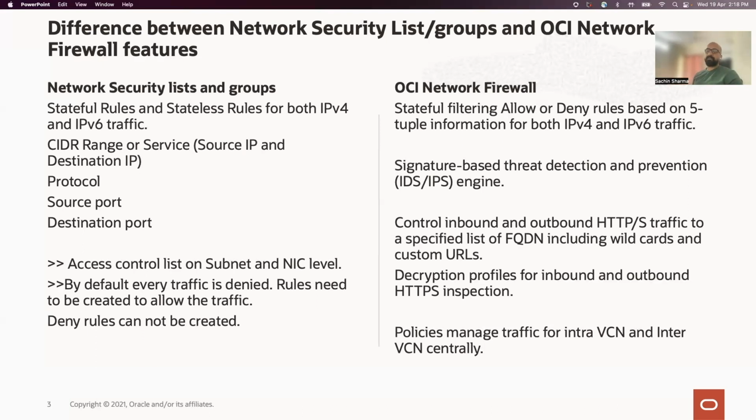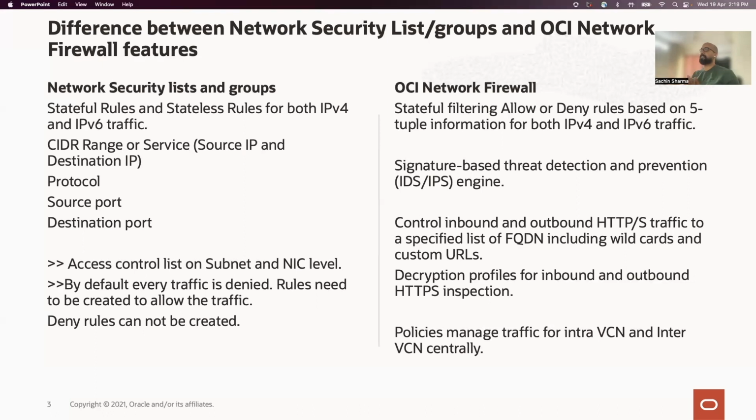Decryption profiles can be created for inbound and outbound inspection of HTTPS traffic, as an SSL forward proxy or inbound SSL inspection. These policies can be used to centrally manage all the traffic for intra-VCN, from on-premises to OCI, north-south traffic from the internet gateway, or other gateways like service gateways or NAT gateways. So these are the basic differences.